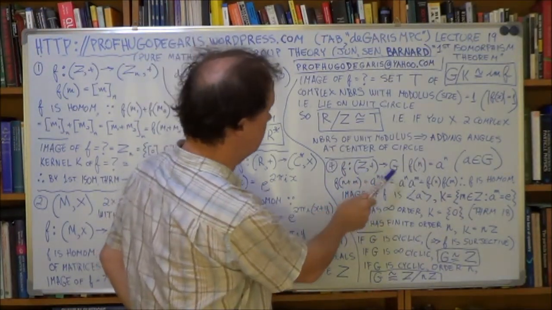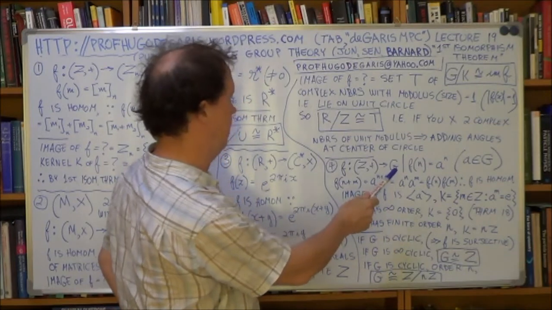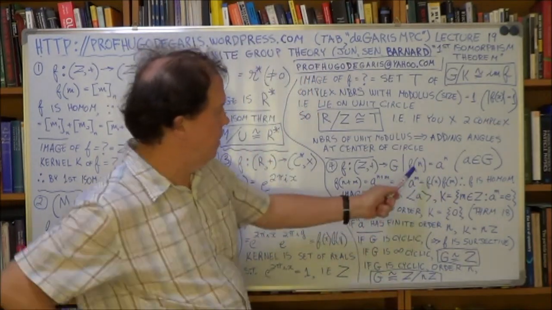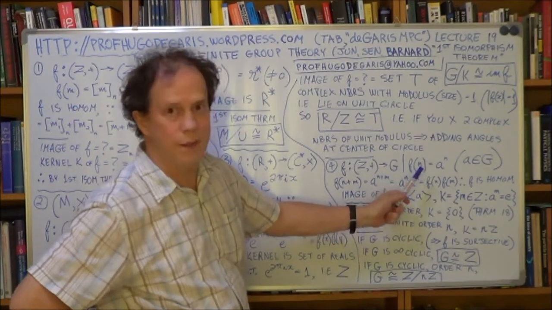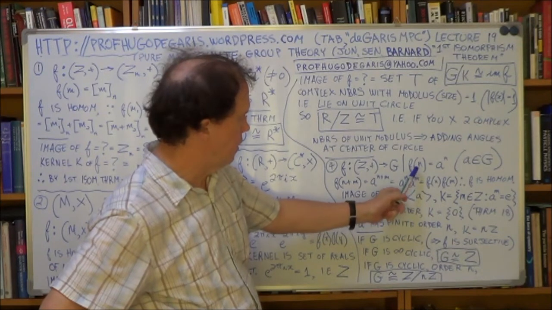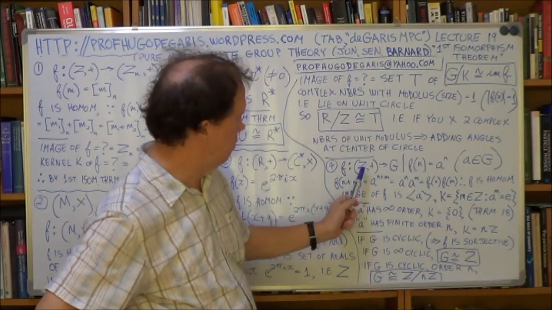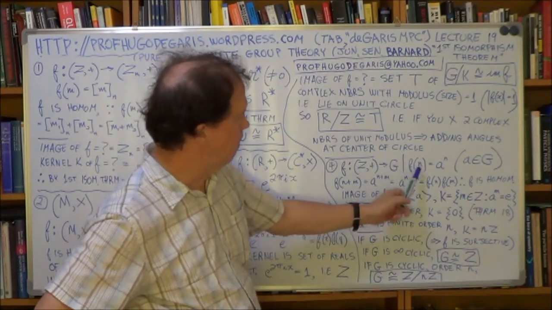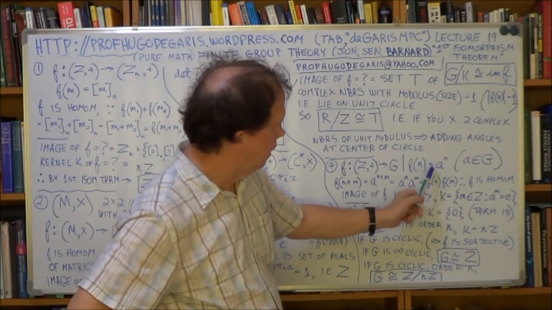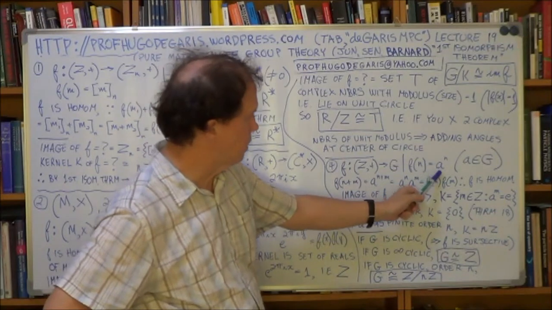So, we're mapping integers into a group somehow, and here's how it's done in detail. Here's the mapping at the level of elements of these two groups. You take an integer n that belongs to Z, and you map n into a to the n. And what's this little a here?